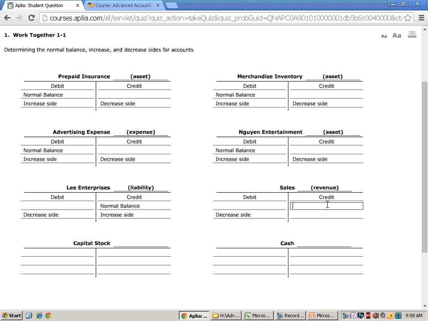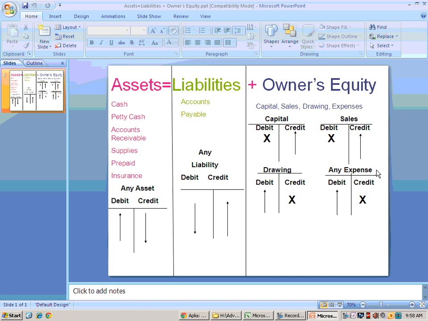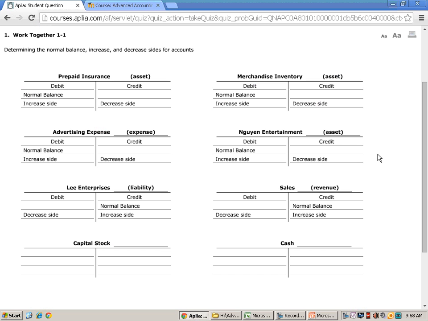So our normal balance side is our credit, and our increase side is our credit as well. Again, looking at this, there's an X in there because you're never going to have a debit to sales. Actually, I shouldn't say never. You will when you do your closing entries when you're trying to zero out, but not when you journalize.